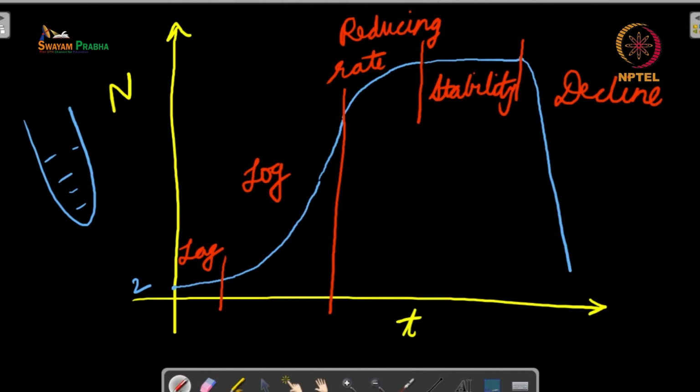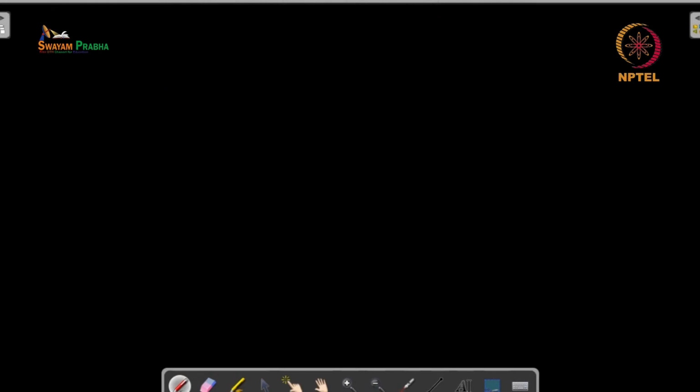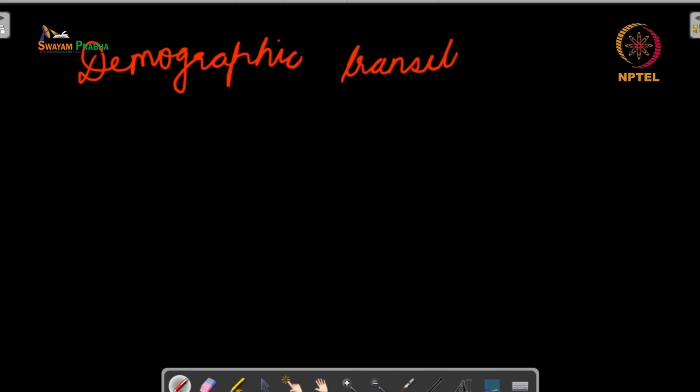What about humans? In the case of humans, we now know that there is a process that is known as demographic transition. So what is demographic transition?